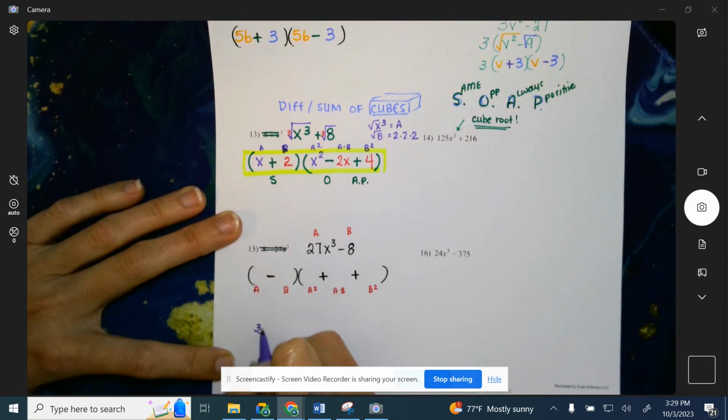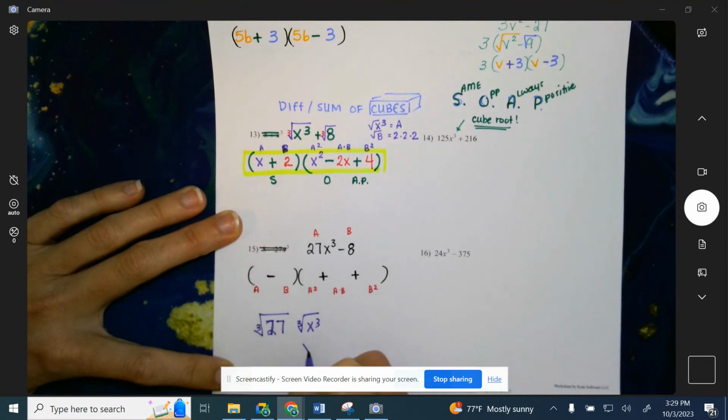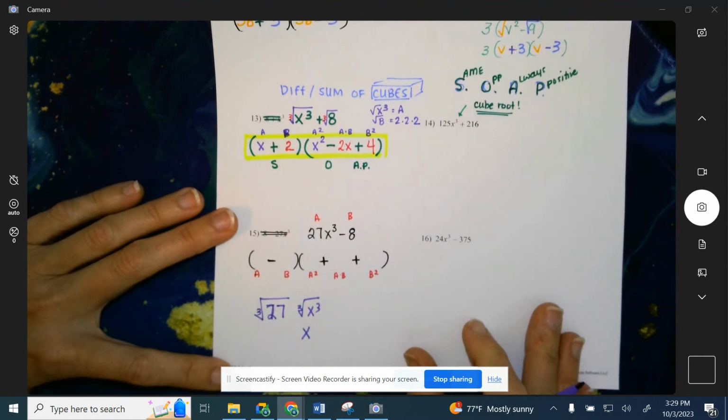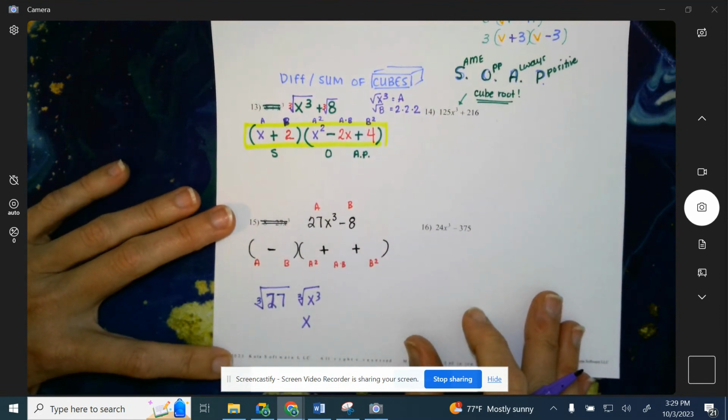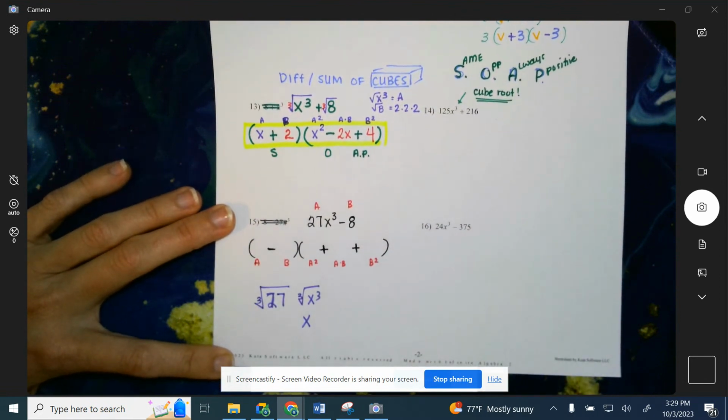I'm going to take the cube root of 27 and the cube root of x cubed, which is going to give me an x. We know the square root of x squared is x. The cube root of x cubed is going to be that x. So what number times itself 3 times will give me 27? That is 3 times 3 is 9 times 3 is 27.